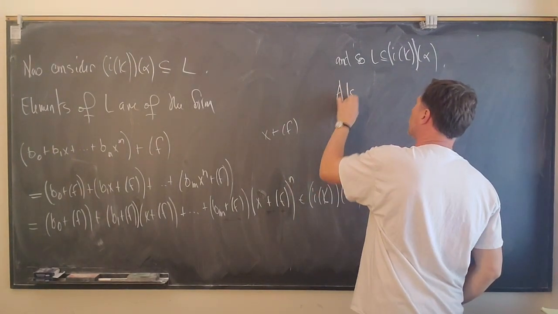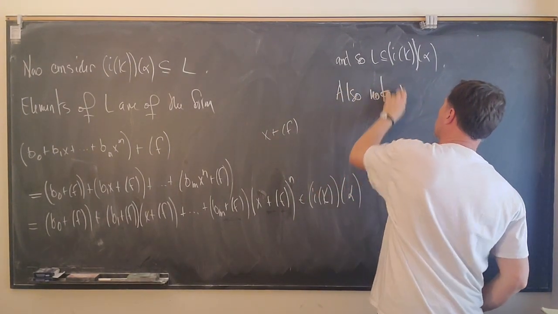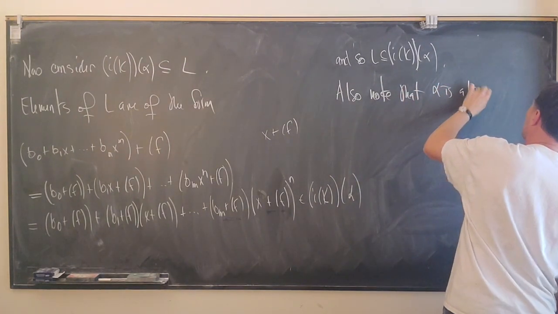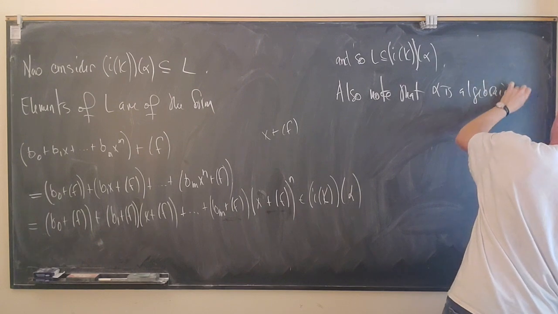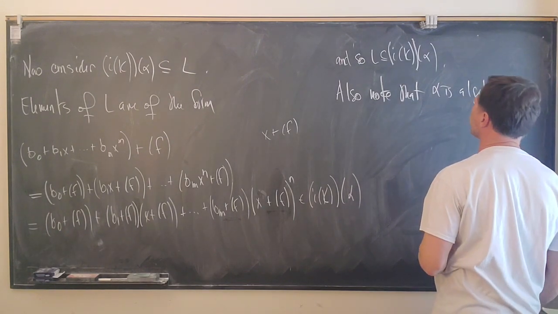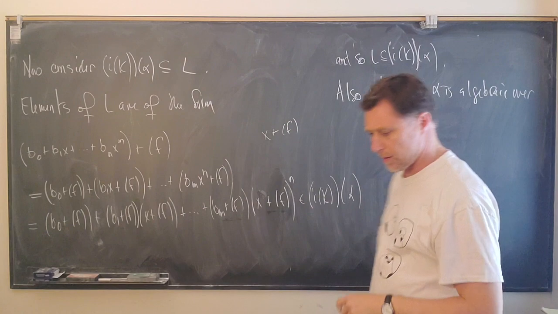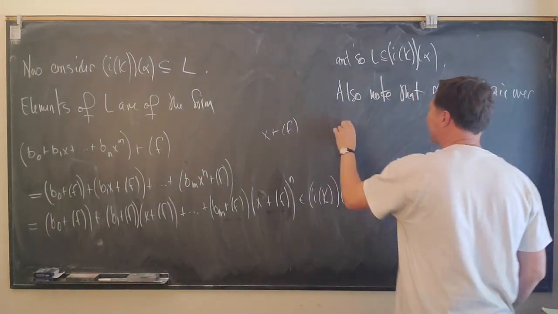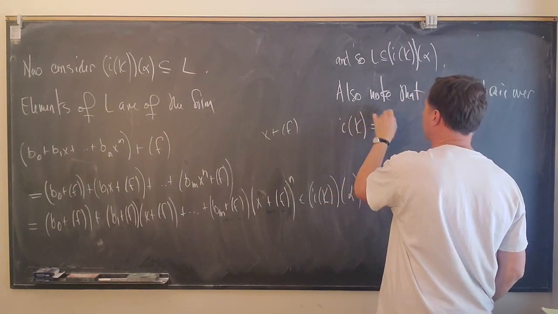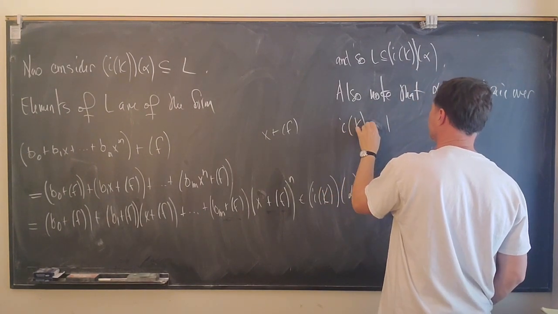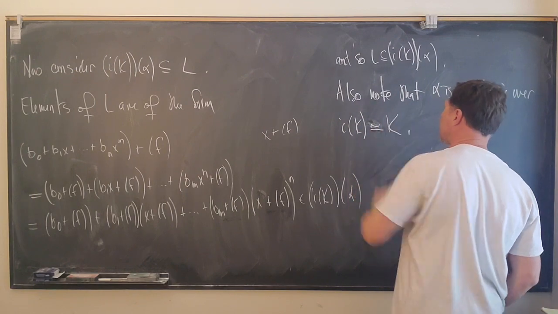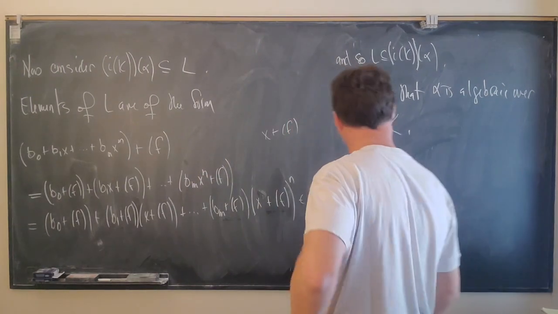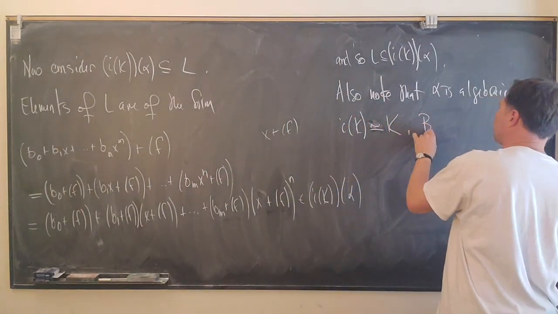Also note that alpha is algebraic over k. Well, technically it needs to be over I of k, which we know we're sort of equating with k. Now, this is theorem 1.5.